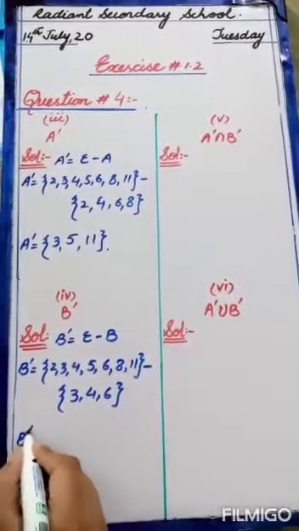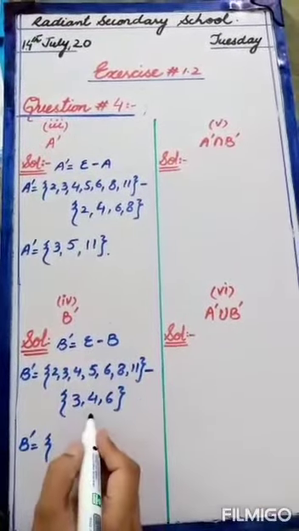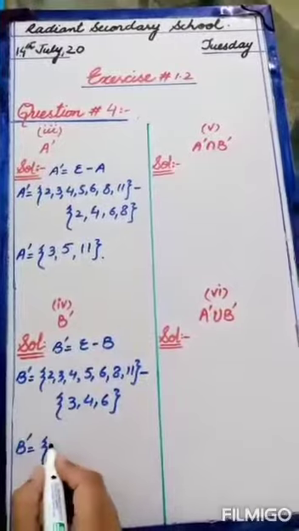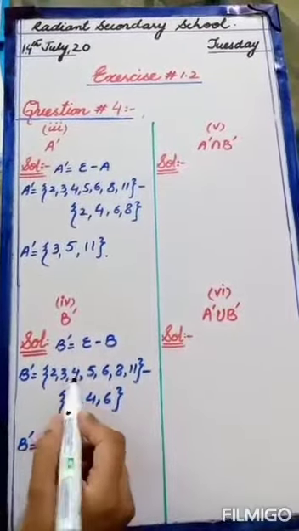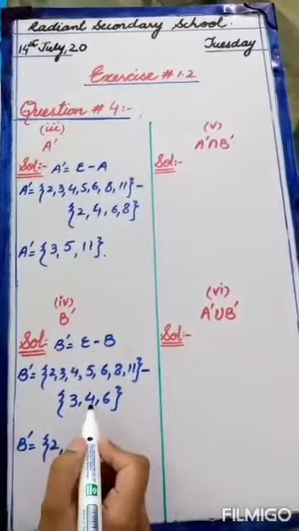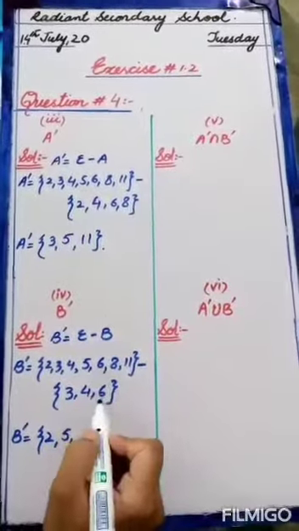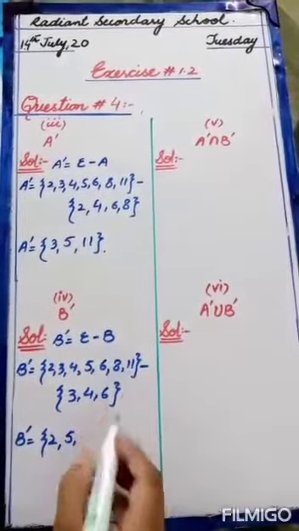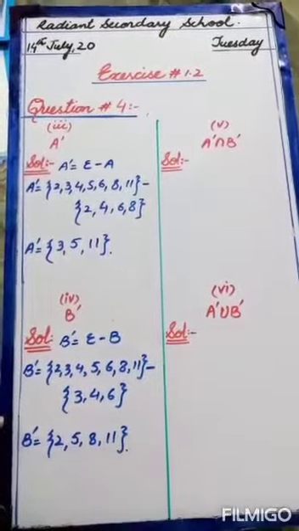Now we will write the elements of the universal set which are not present in this. So firstly 2 is not present in this, we have to write it. Then 3 and 4 both are present, we will not write them. Then 5. Now 6 is present. The last elements are 8 and 11. This is the B complement.